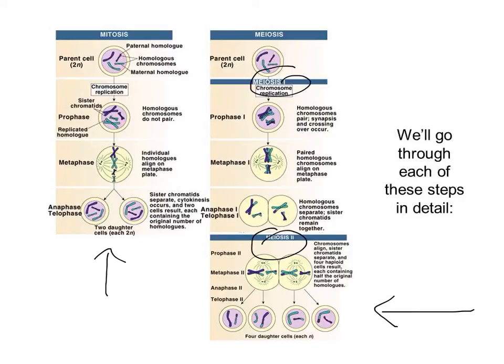And you'll also see each of these gametes end up being genetically distinct, which we're going to talk about how that actually happens as well. So not only do we have half the number of chromosomes, and 4 cells instead of 2 in comparison to mitosis, but we also have gametes genetically distinct from one another.